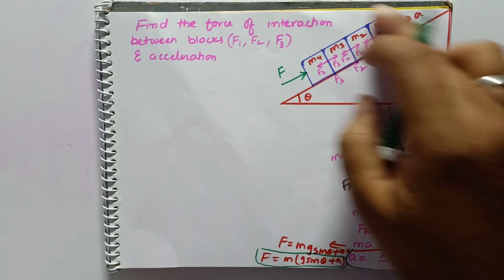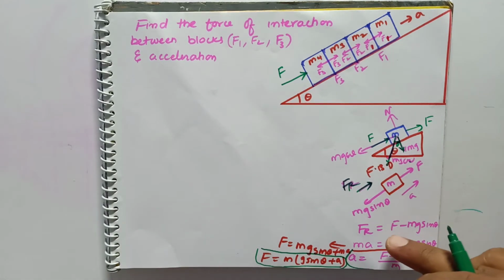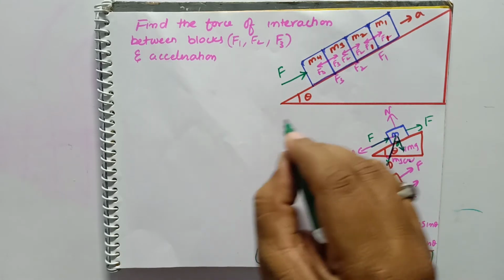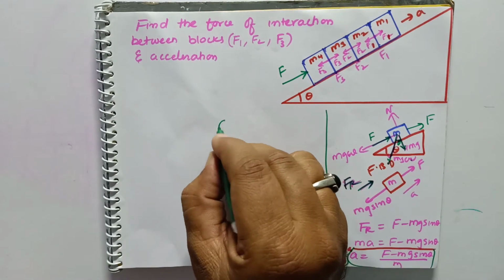What is the acceleration of all these blocks here? If only a single block is there, you write a is equal to F minus mg sine theta by m. But what is the acceleration in this case for all these blocks? It is very simple.